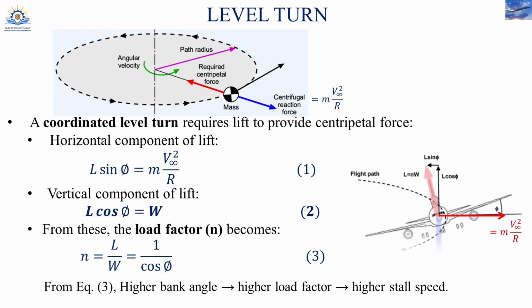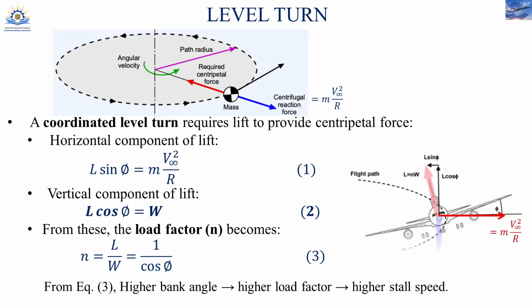R is the turn radius, v is the flight velocity, and L is the lift. M is the mass of the aircraft, so you can convert it to weight. Mass is equal to weight over gravity. And the vertical component is L cos phi equal to W, as we have discussed. The load factor is defined as the ratio of lift of the aircraft to the weight.